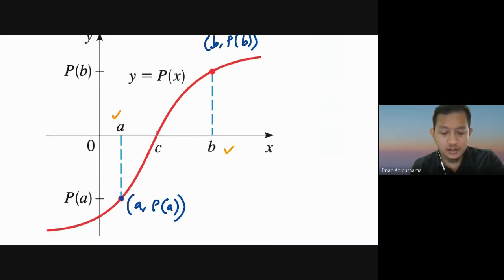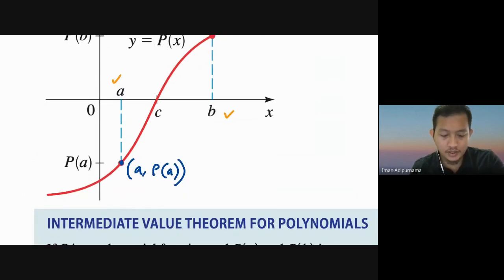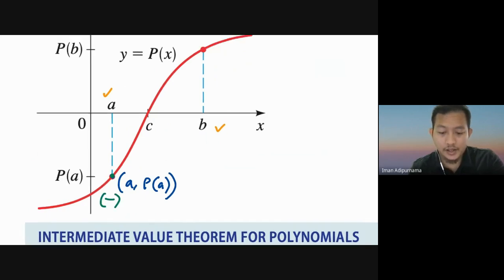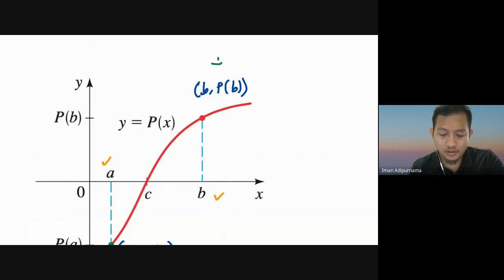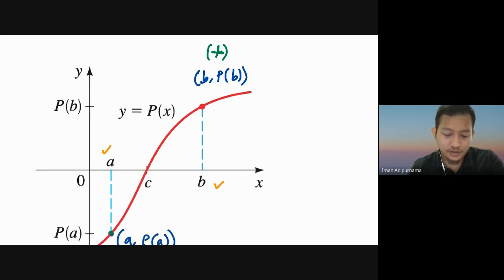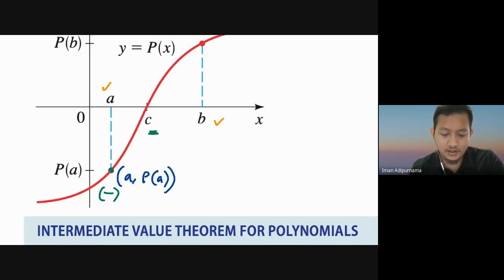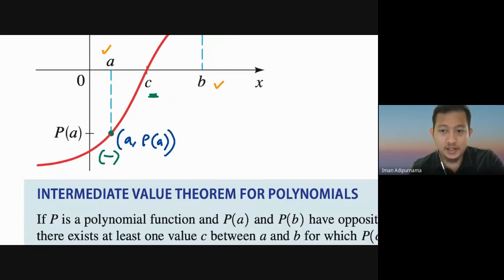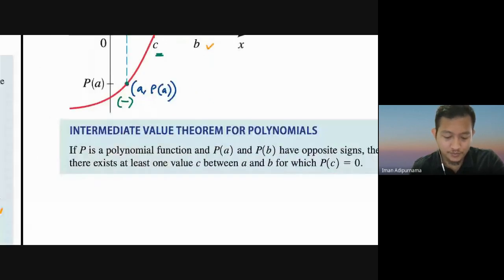For a, the value is negative, right? And for b, the value is positive. So in between a and b, there should be a c that is in between, okay?